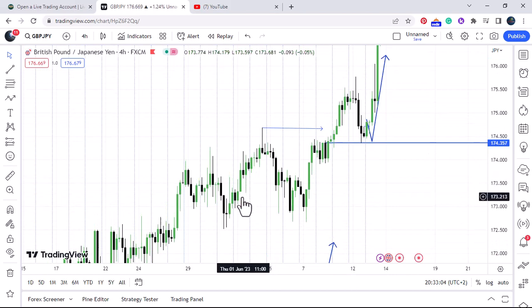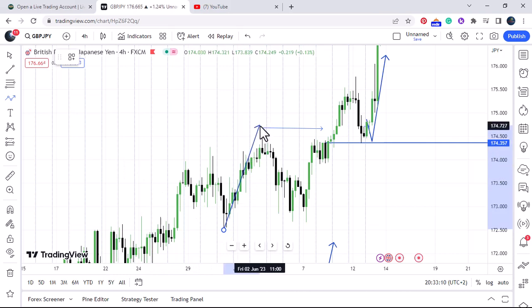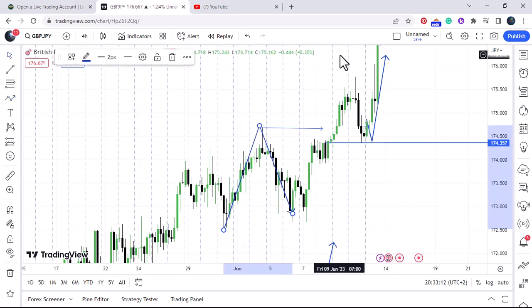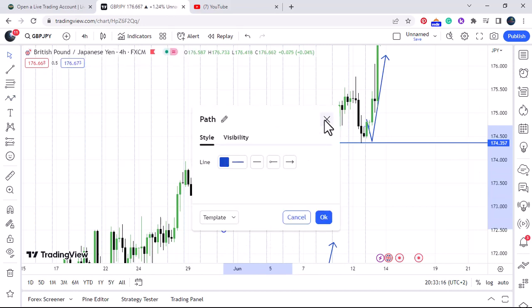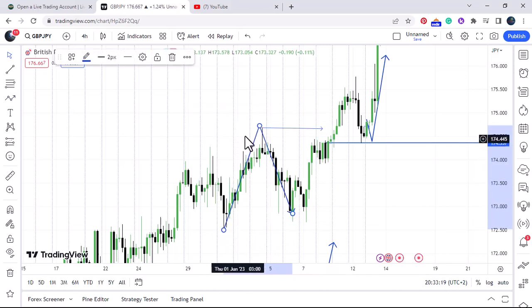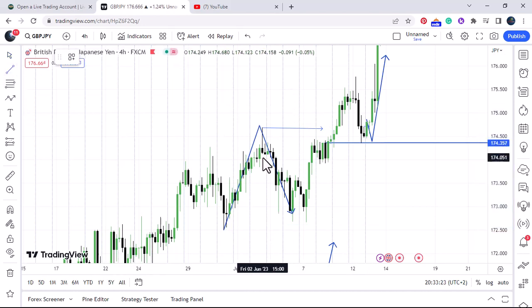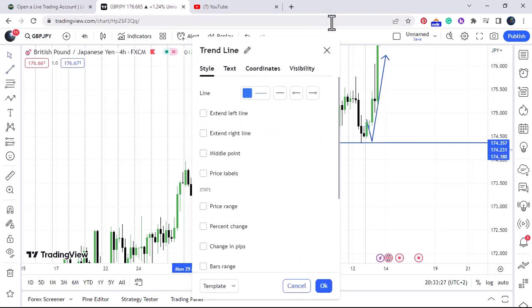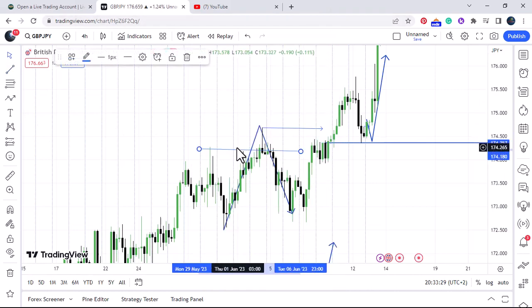This is what you are seeing here, guys. If you draw the ABCD pattern that I was showing you before, you clearly see that this is the pattern I was talking about: A, B, C, D. Before we go to the retracement, you have what we call a break of structure, or a low or a high that is taken out.